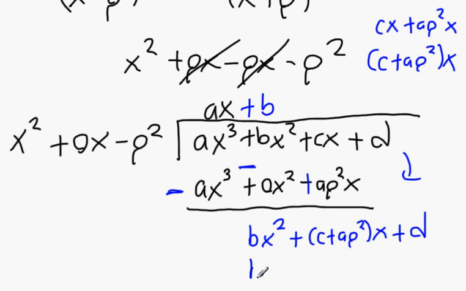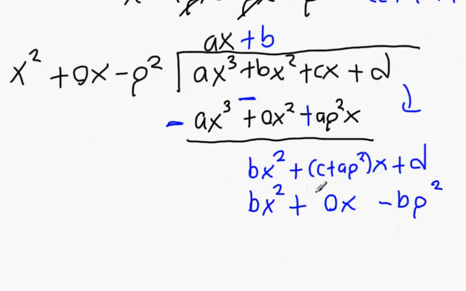So we're going to get bx squared plus 0x minus bp squared. Okay. Now, we're going to take them away, and it's going to be minus and plus. We're going to get two equations.